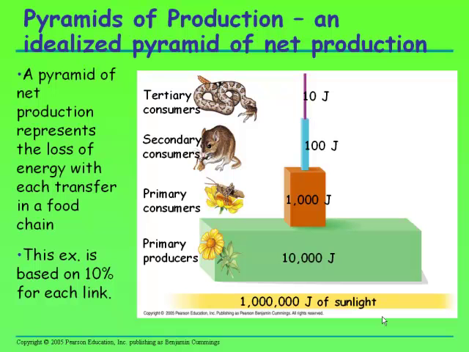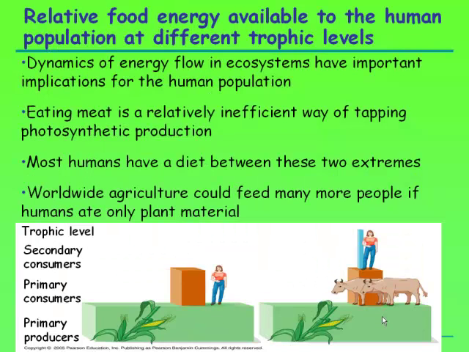Notice that the primary producers convert only about 1% of the energy available to them to net primary production. So primary producers, 10,000. Primary consumers, 1,000, secondary consumers, 100, and tertiary consumers, 10. So it decreases by 10% each level.